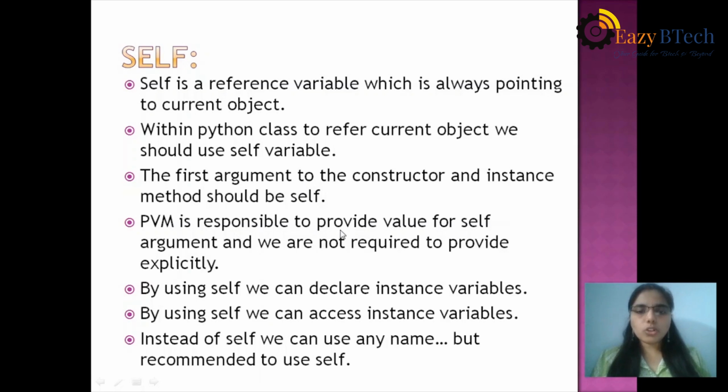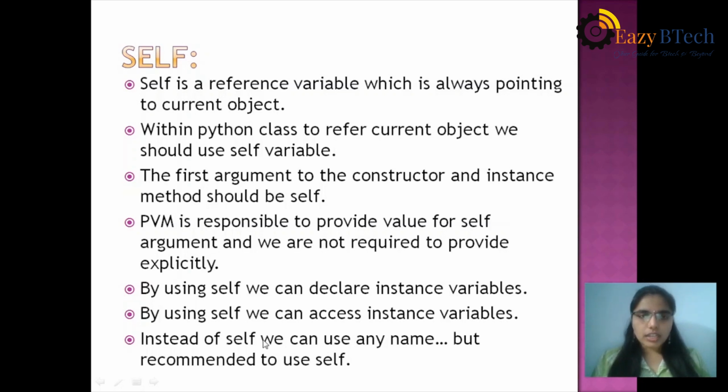PVM is responsible for providing the value for the self argument and we are not required to provide it explicitly. By using self, we can declare an instance variable and we can access an instance variable. Instead of self, we can use any name but it is recommended to use self. For this point, I told one example also.